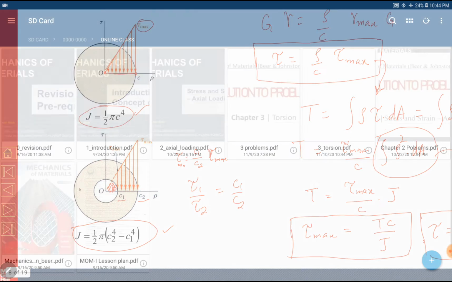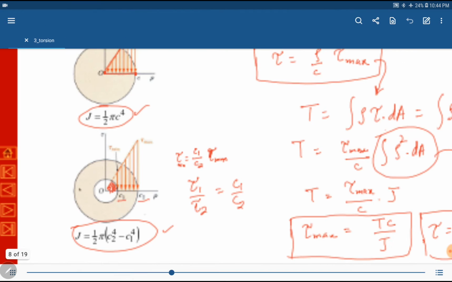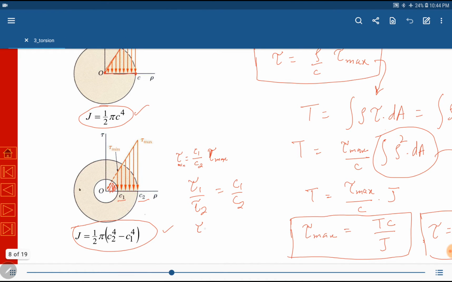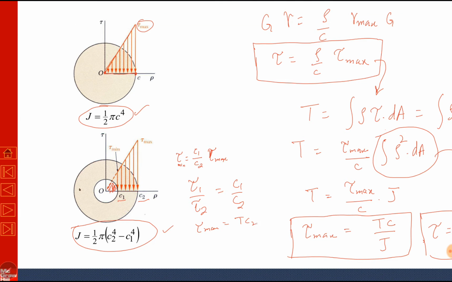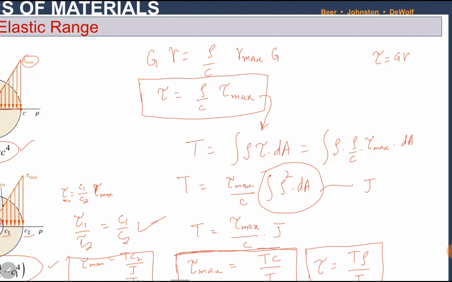Or at the external surface, tau maximum is equal to T C2 over J, and at the internal radius tau minimum is equal to T C1 over J. We can use either these two expressions or this expression. Okay, so this has been established: we use this expression of tau maximum, T C over J, throughout the chapter.